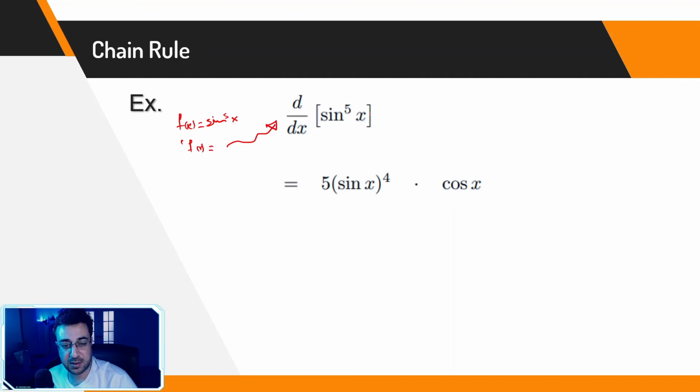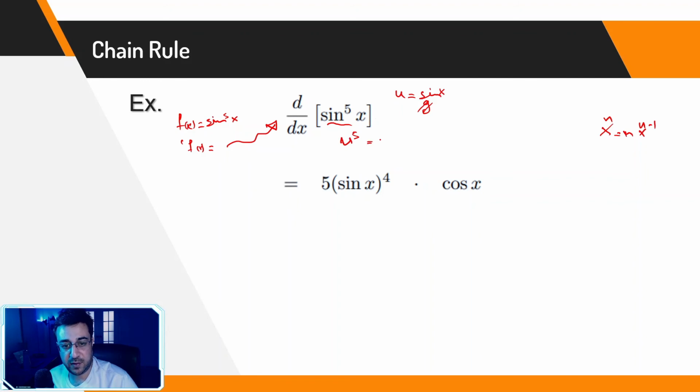Now, in this case, we can imagine sine of x as a function, like x to the power of 5. It will be a power rule, right? x to the power of n gives n multiplied by x to the power of n minus 1. So if we say u equals sine of x, then it's like u to the power of 5.